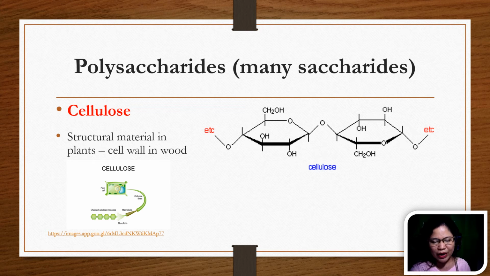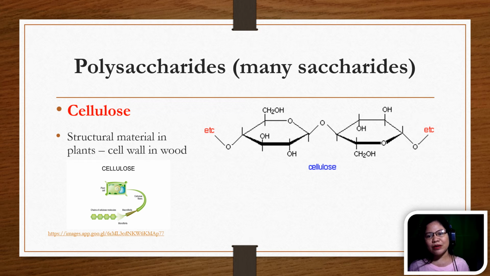So to sum up with the carbohydrates, basically they have the main components of elements like carbon, hydrogen, and oxygen. And they have also their building blocks or the monomer, which is the saccharides. So where can we find carbohydrates? Of course, in rice, in cereals, potatoes, fruits, and in pastas.